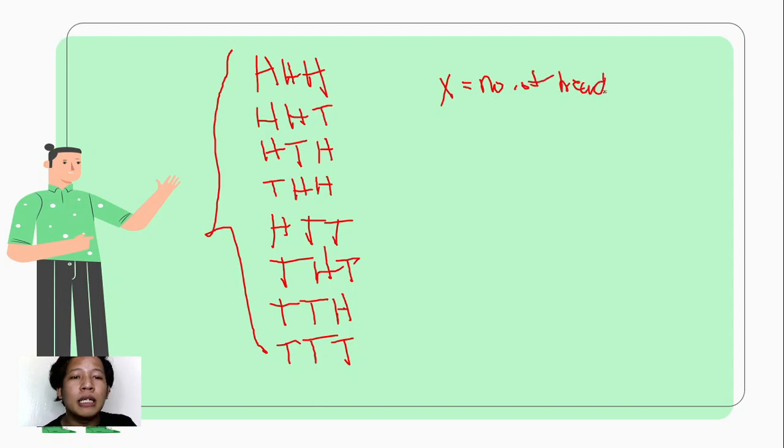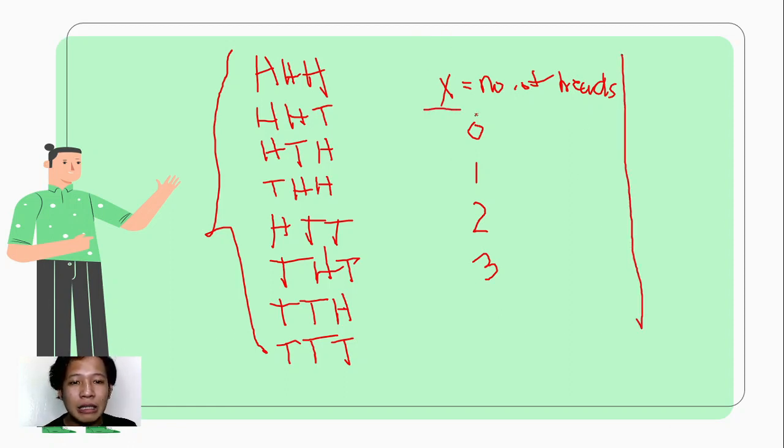To which, kapag ganito po yung lumabas natin, number of heads, there are possible outcomes na pwedeng walang heads, pwedeng isa lang yung head, pwedeng dalawa yung head, at pwede din naman na 3 yung heads. Diba po?